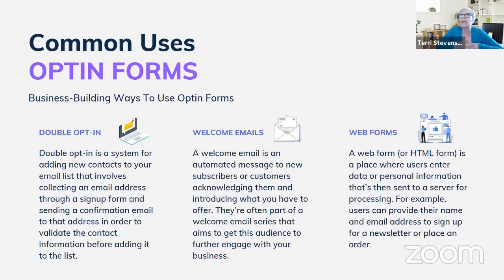Sometimes when we're new to digital marketing, we think that the only kind of opt-in is a single or double opt-in, but that's not really true, because any kind of input where we are storing the field values, for whatever purpose, is going to be a web form.